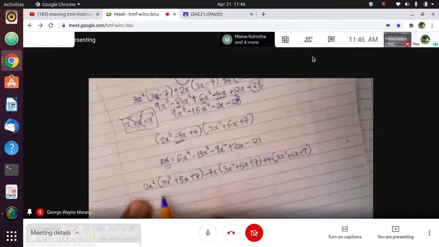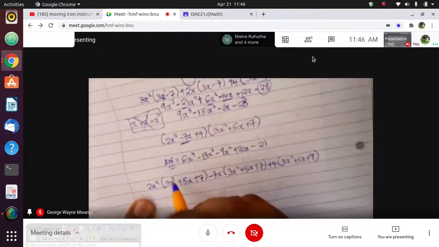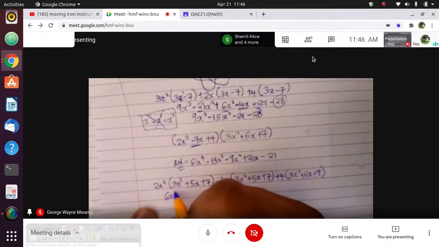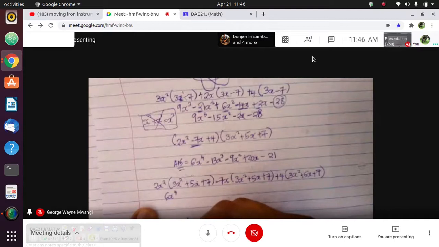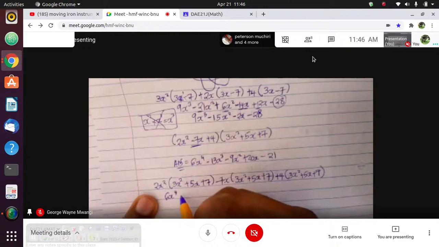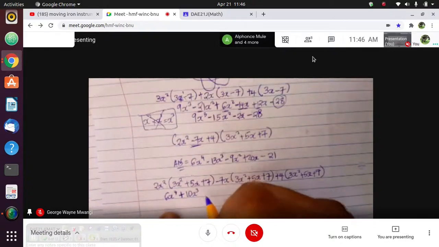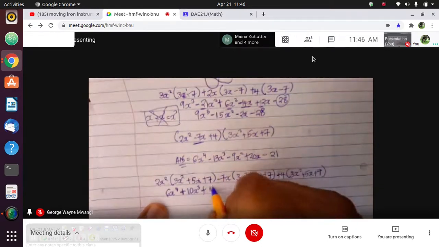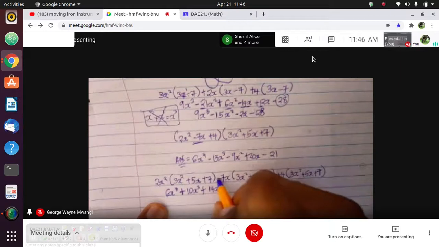Now let us open these brackets. 2x squared times 3x squared gives how much? 6x raised to power 4. 2x squared times 5x is how much? 10x cubed. 2x squared times 7, 14x squared. Now we enter our second value.